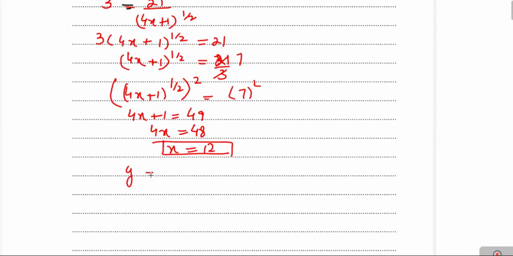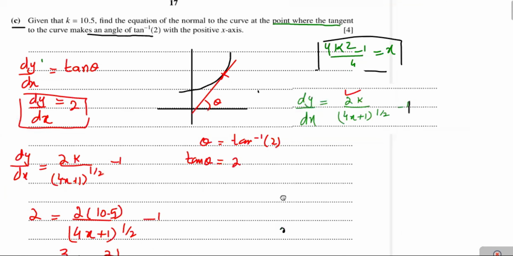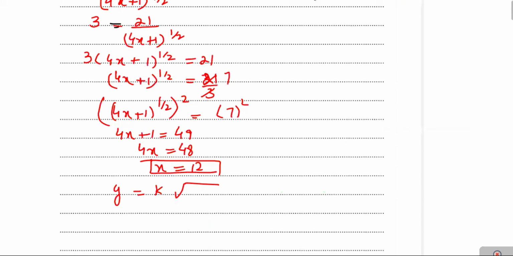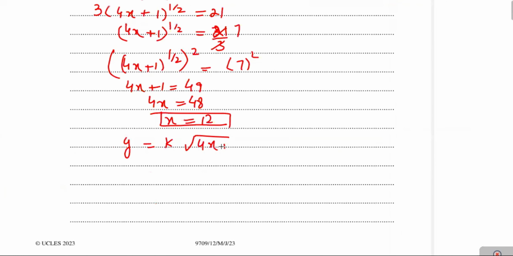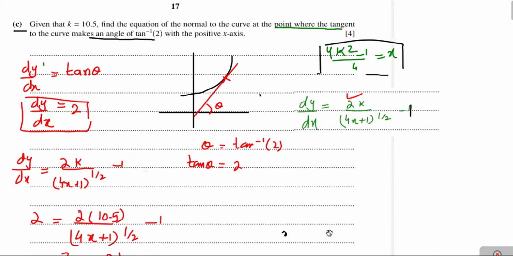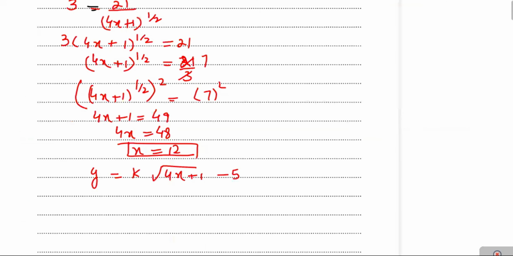Y equal to k into square root of 4x + 1 minus x plus 5. This is the equation of the curve. Now we put the value to find the value of y, that k is equal to 10.5, x is 12.